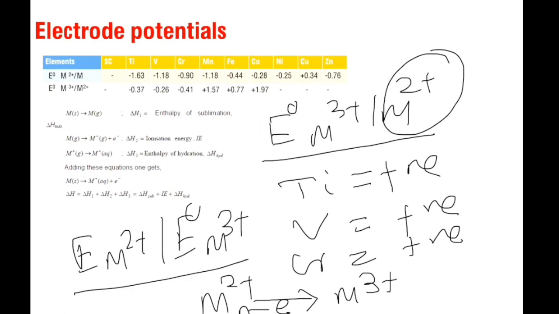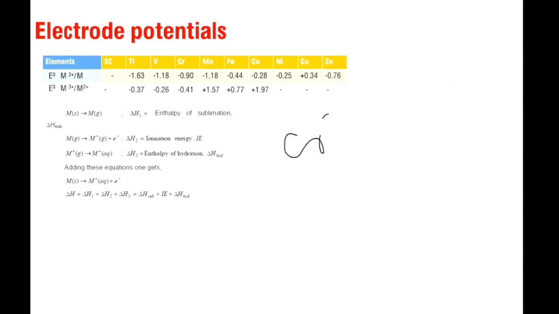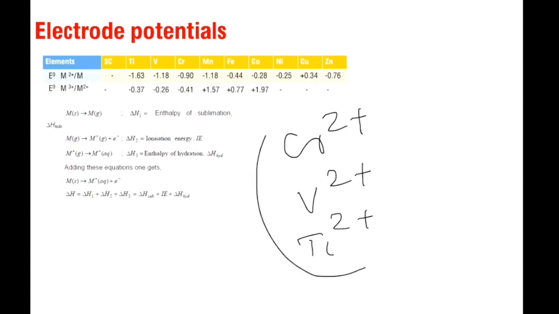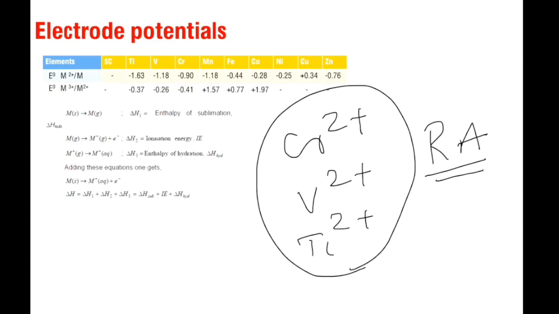As they easily undergo oxidation, they can act as the best reducing agent. This means chromium 2+, vanadium 2+, titanium 2+ can act as the best reducing agents.